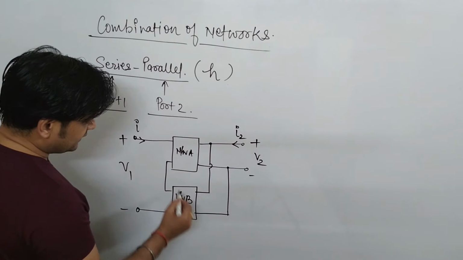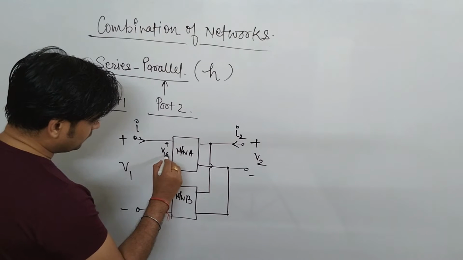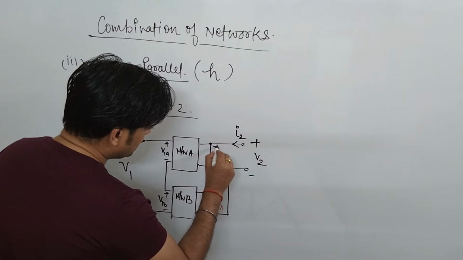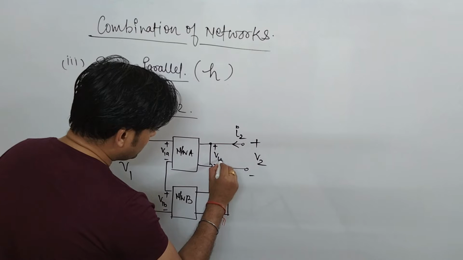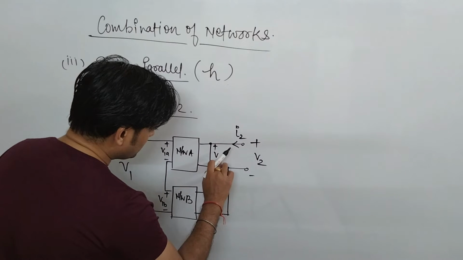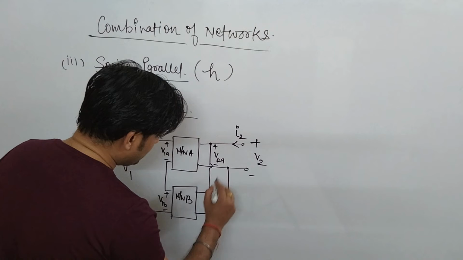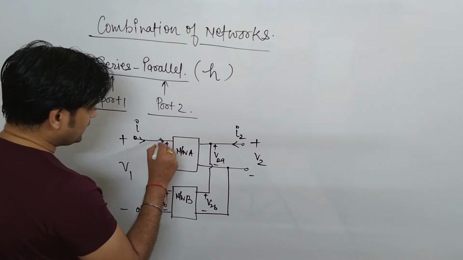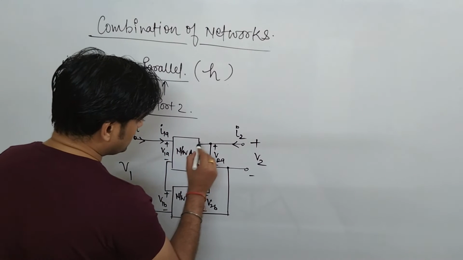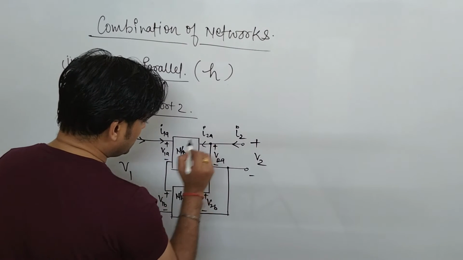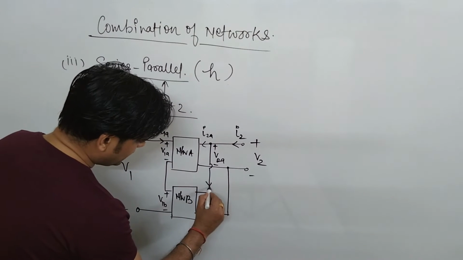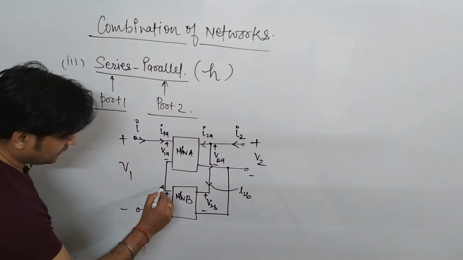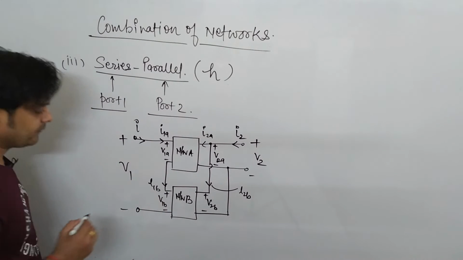If this is network A and this is network B, you can say this is V1A, this is V1B, this is V2A, and this is V2B. Here let the current be I1A, here I2A, here I2B, and here I1B.